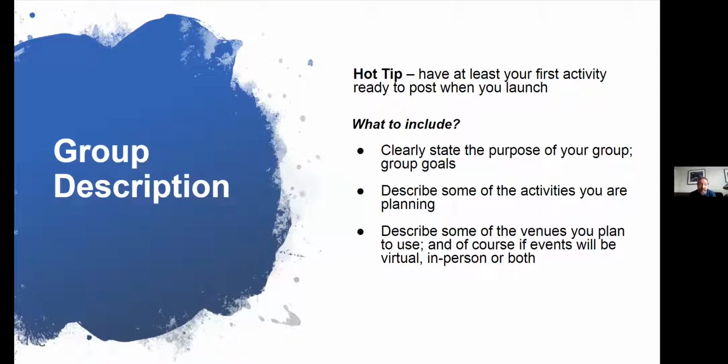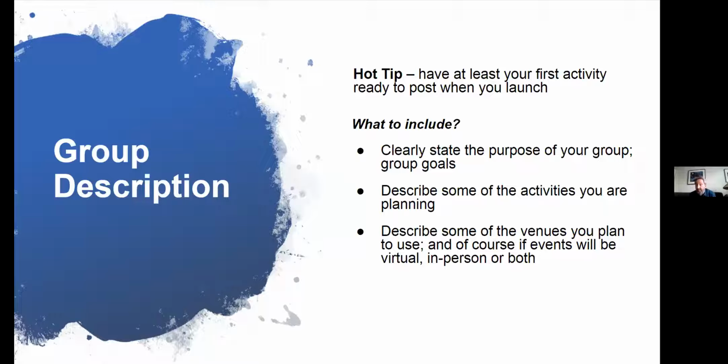I have learned that people are really curious. If they're going to join a group, they want to get some sense of what you have planned for the future. So even if you only have one event in your group description, talk about what you're strongly considering having as future events.